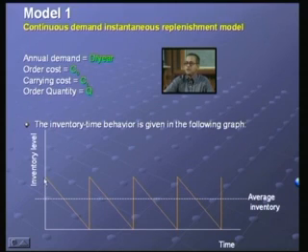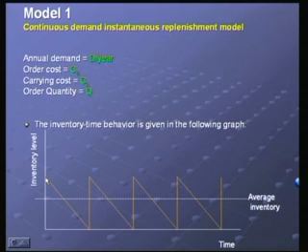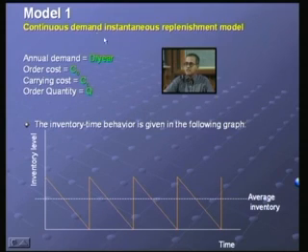So we assume that the order has just arrived and the stock position is capital Q, which is this position. And because continuous demand is there at every moment of time, the stock position or the inventory position reduces in a linear fashion and it reaches 0 here.